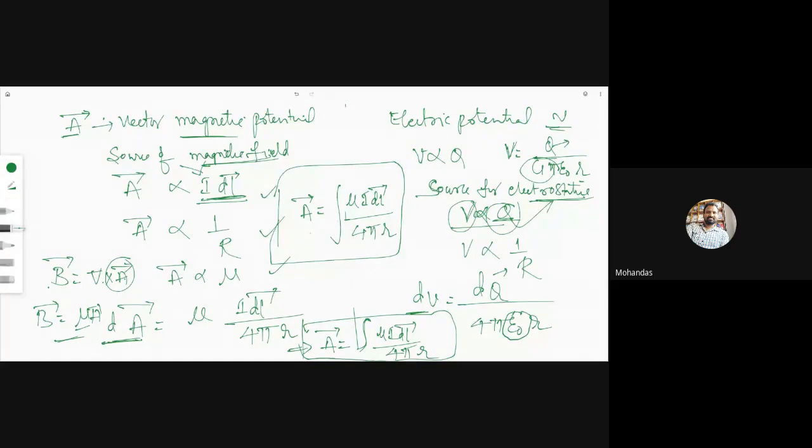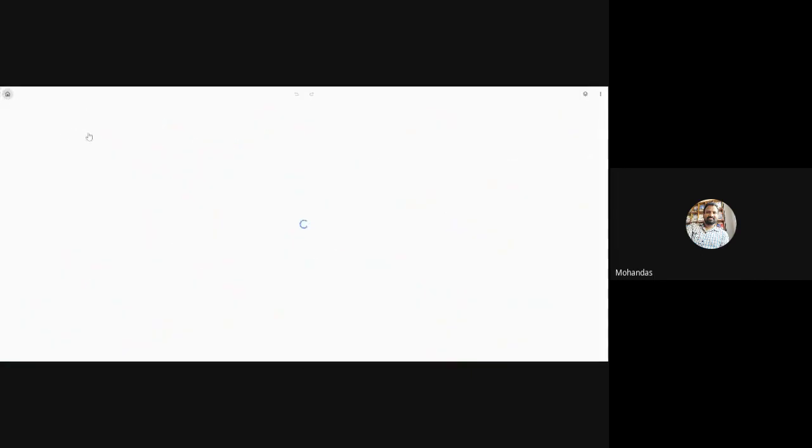If you take a surface current element, this I dl should be replaced by K ds. If it is a volume current element, this I dl should be replaced by J dV. So A equals mu I dl by 4 pi R for a differential current element.